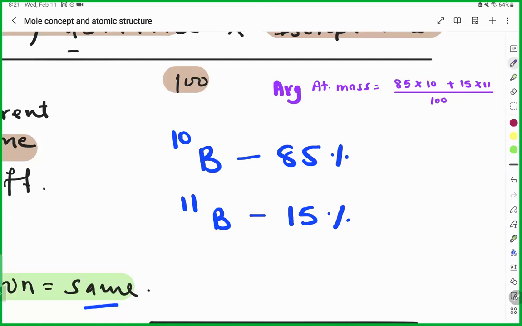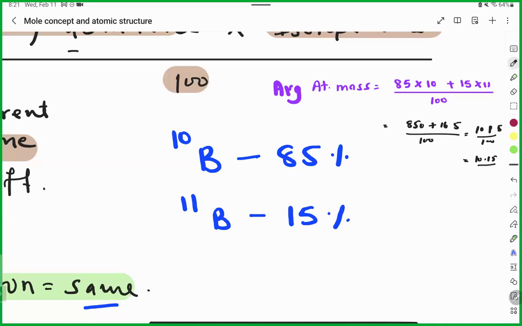So by this, if you calculate the average, what will be the average? 850 plus... what is the value? 10.15, right?